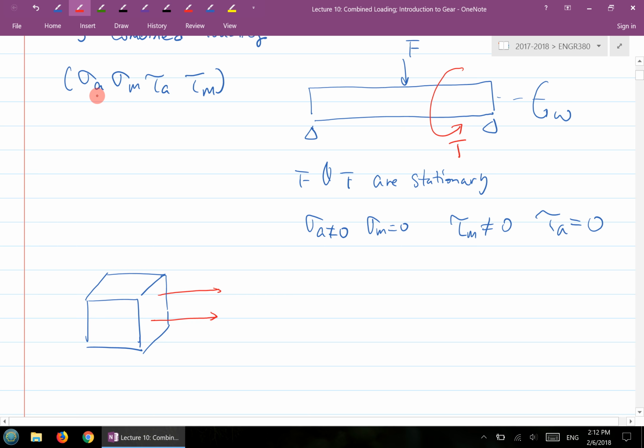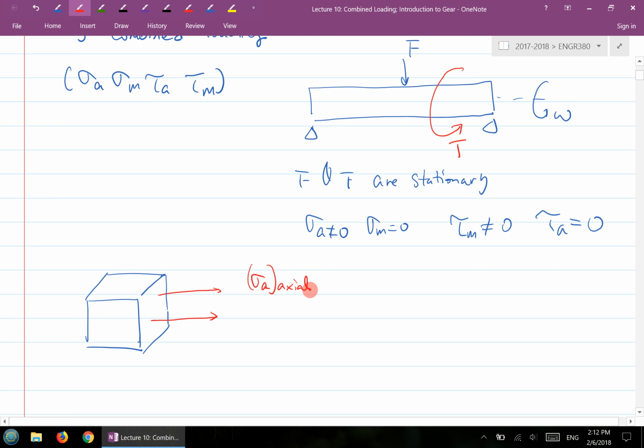when we design a shaft or design certain elements, the type of cause that can give you this normal stress could be, for example, sigma A from axial loading.